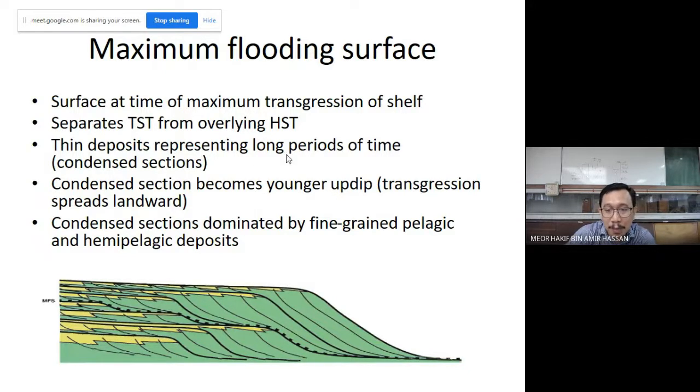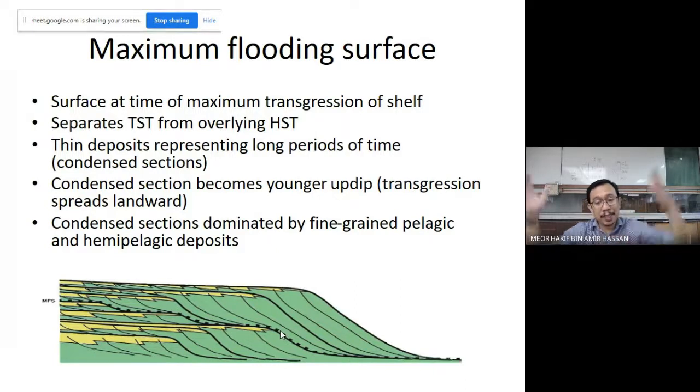It represents long periods of time, even though it's very thin, because during the maximum flooding surface here, the shoreline is the furthest away from the sea. Dulu darat pesisir pantai kat sini, tapi dia bergerak sini, further and further left. Let's say your shoreline is here, right? If you have any sediments, it's going to be trapped mostly along the coast as deltas. And further in the deeper parts, not much deposition is happening.